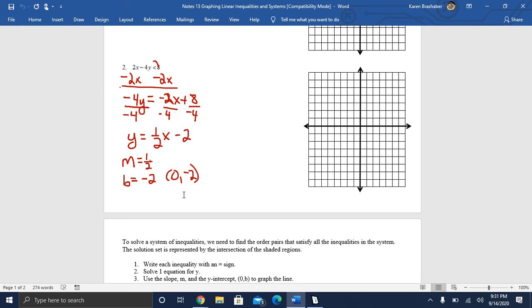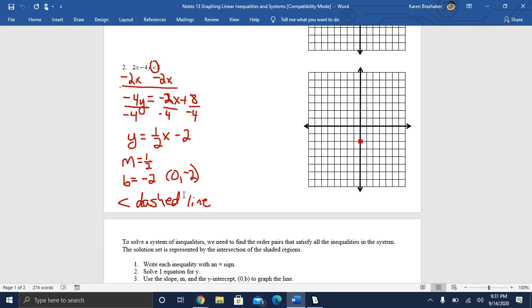And your original problem had a less than symbol in it. And so that means we will use a dashed line. It doesn't have the equal to part. And a dashed line means that the boundary line is not included in the solutions. A solid line would mean that it is included. All right, so we begin our graph at 0, negative 2, and our slope was 1/2.